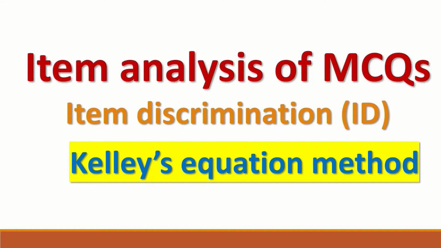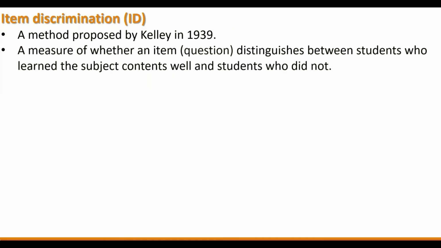And one way to do item discrimination analysis is to use the equation proposed by Kelly. Item discrimination, abbreviated ID, is a method proposed by Kelly in 1939.